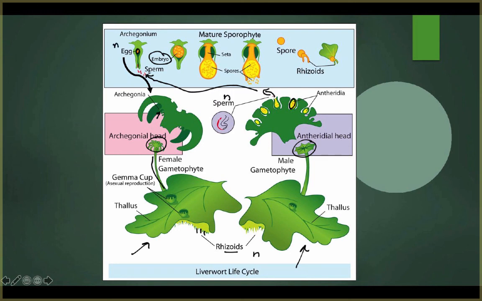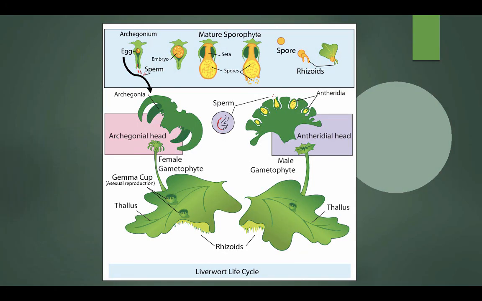These gametes are haploids. And then this will be a 2N or a diploid at this point, the embryo. And then from there, you will get the seta that will start growing on this foot area. And then here are the spores, and you'll get a capsule and all that. And then the spores will release. And then essentially, just like in moss, it will start growing the rhizoids, and it will basically go through the same processes.